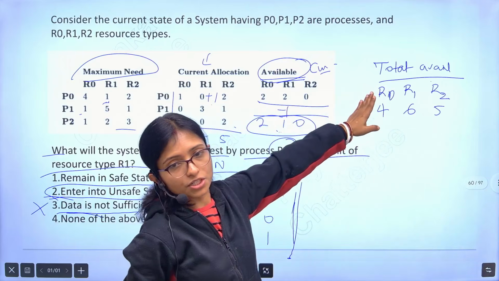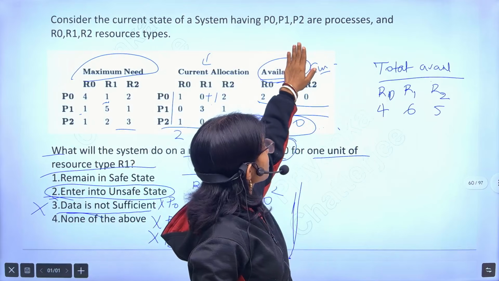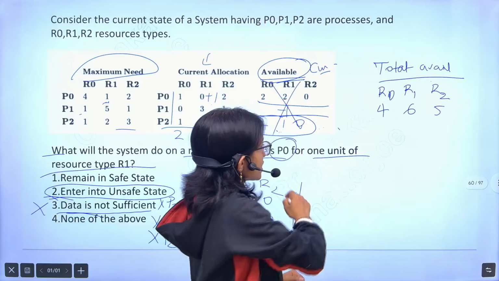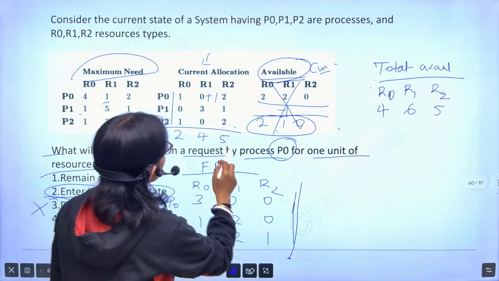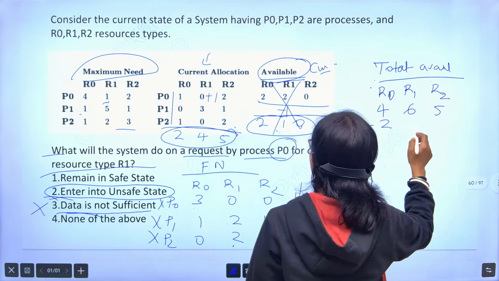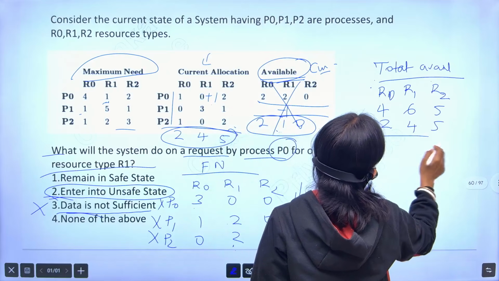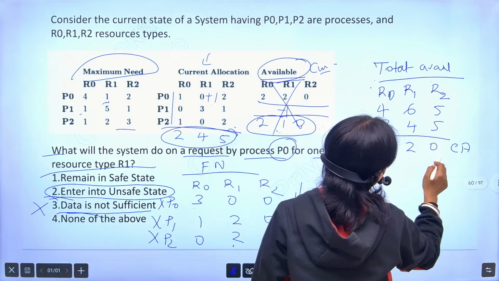This type of question can come. In this case this table is not there. You have to think that maybe this table is not present, you have only total availability. Then what will I do? I will add these values and do minus 2, 4, 5. I will get here 2, 2, 0. This is my current availability.